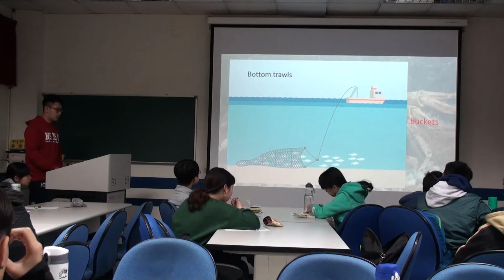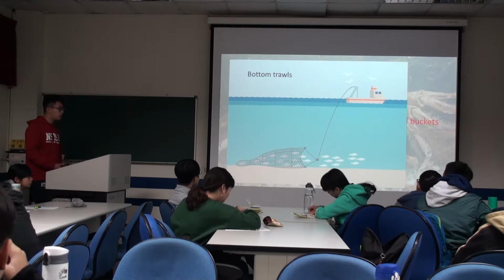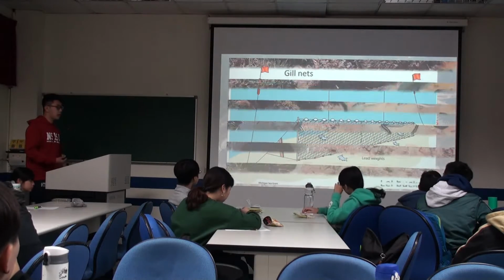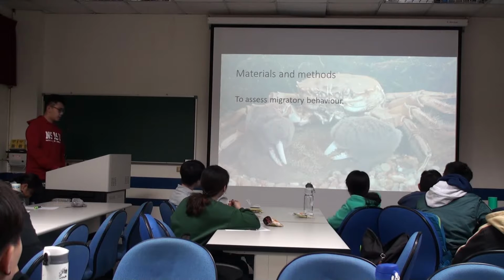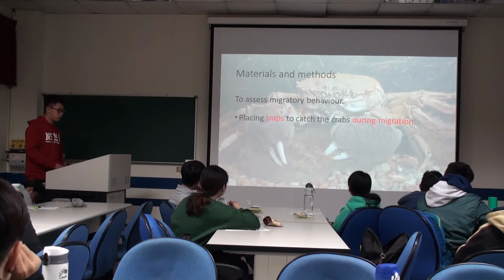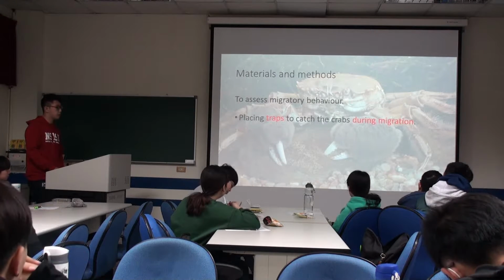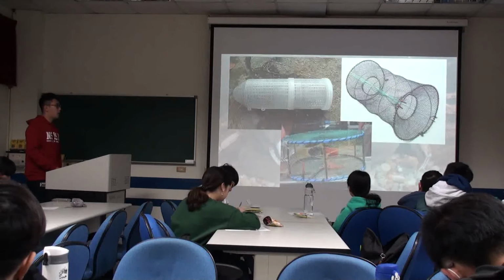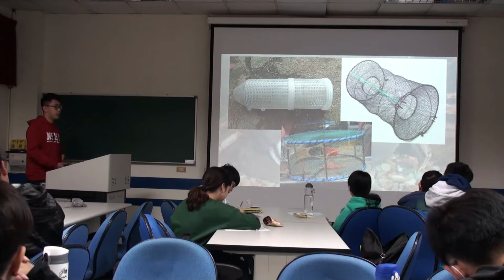This shows you what a bottom trawler, gill nets, and a gill bucket are. And to assess migratory behavior, scientists or fishermen place traps to catch the crabs during migration, maybe using this kind of trap.